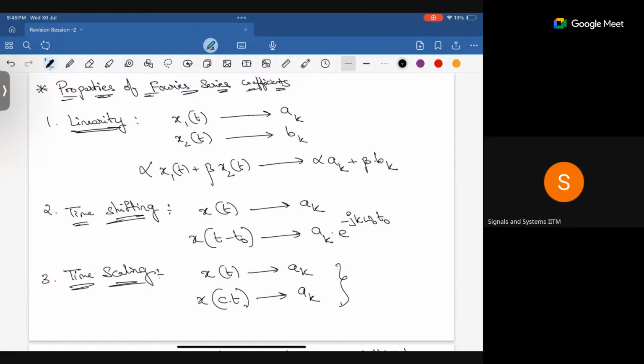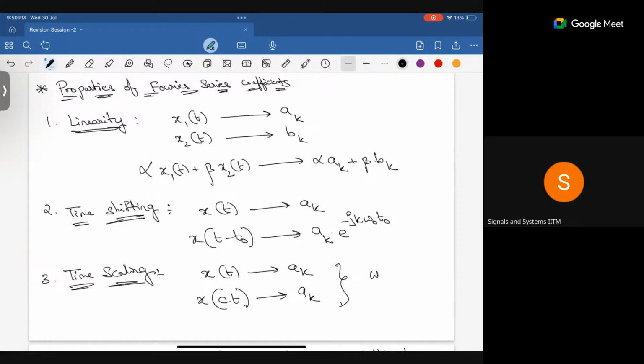But usually most of the textbooks follow this: scaling will not affect the Fourier series coefficients. When k by c is not an integer, it results in other different things. That is also a possibility, but most textbooks follow this. Time scaling usually will not affect the Fourier series coefficients, rather it will affect the frequency.